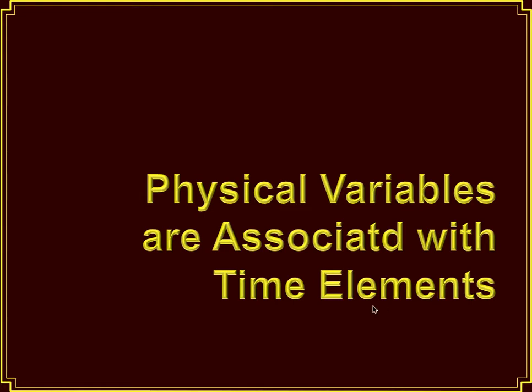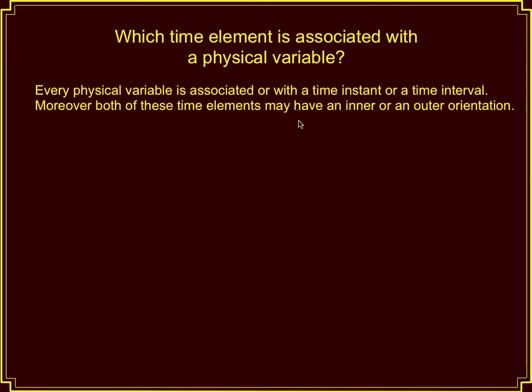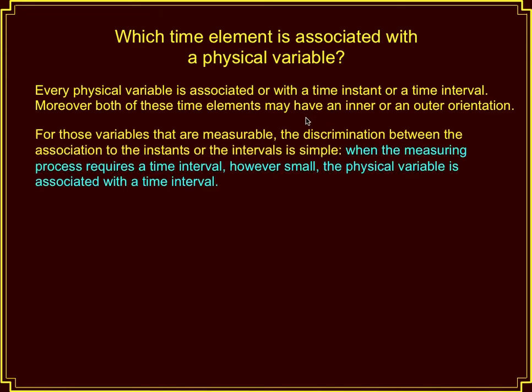Physical variables are associated with time elements. Which time element is associated with a physical variable? Every physical variable is associated with either a time instant or a time interval. Moreover, both of these time elements might have an inner or an outer orientation.